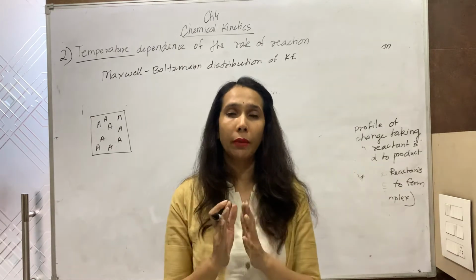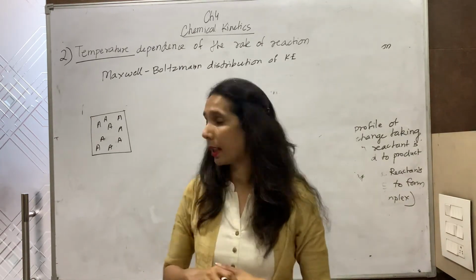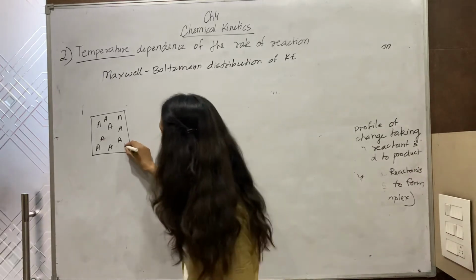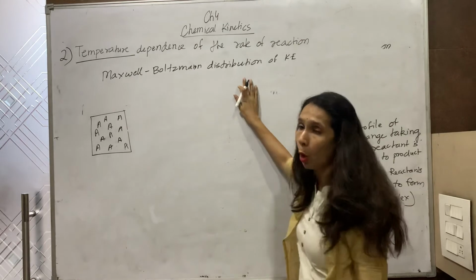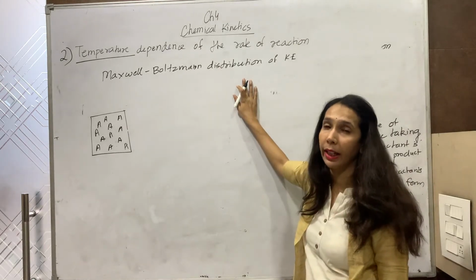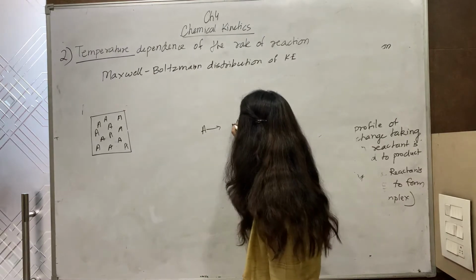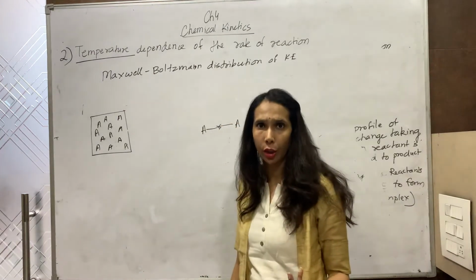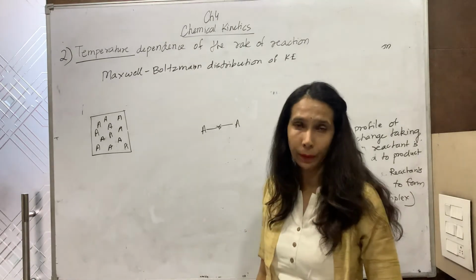When the molecules of the reactant collide with each other, then only the reaction will take place. Now all the molecules which are present in this container do not possess the same kinetic energy, because when molecules collide with each other, they exchange their energy. So all the molecules do not have the same kinetic energy.